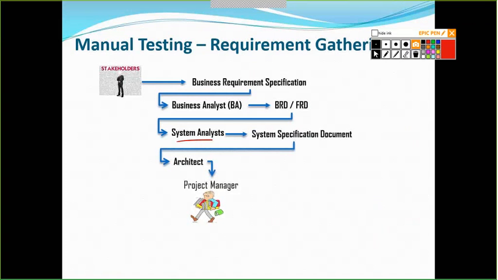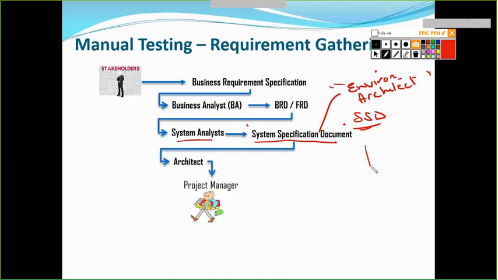Now, the system analyst will take this document and prepare the system specification document. What is the system specification document? This is where the environment, architecture, everything comes into the picture.